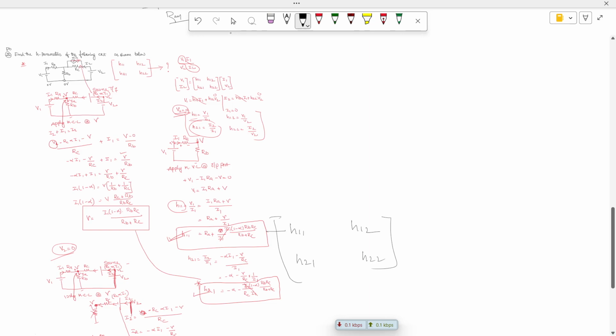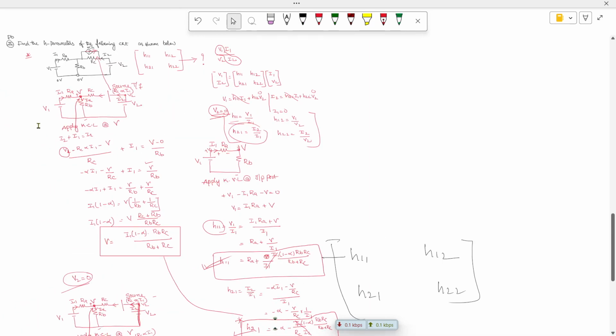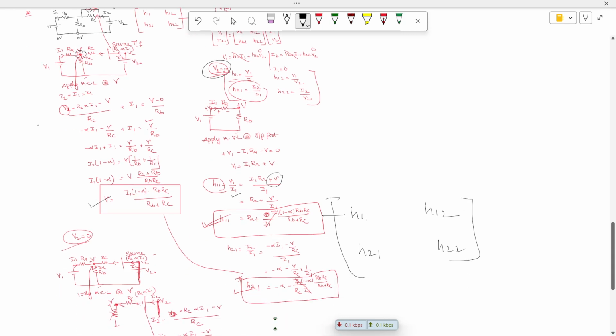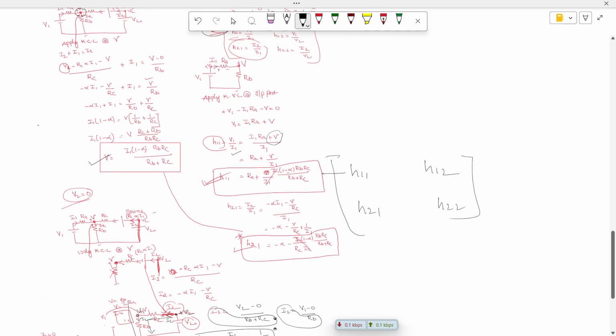In order to get the answer, I will repeat the problem: we need to find out this voltage. We performed the output as short circuited, and we expressed the terms in terms of V1 by I1. V1 is an unknown variable, so we substituted, all the parameters cancelled, and we got H11.